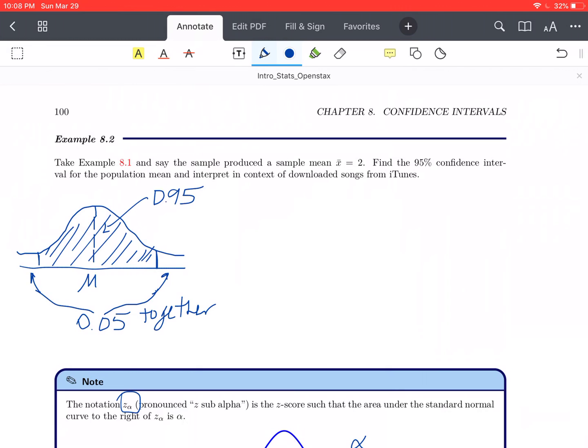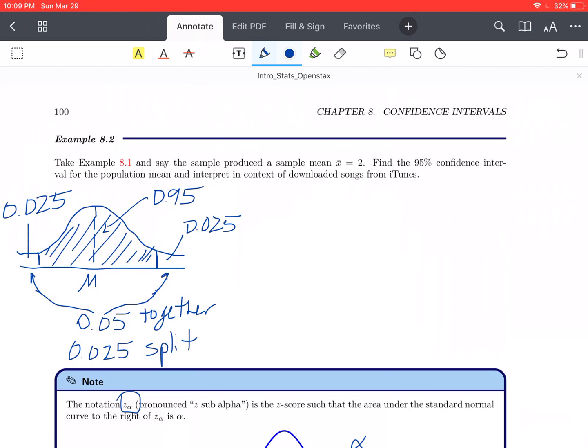But if we look at them separately and split them, then each of them is going to have half of that, right? Half of 5%, which would be 2.5%. So that would be 0.025 split. Okay, so that means that this tail has 0.025 of the area in it, and this tail has 0.025 of the area in it as well.